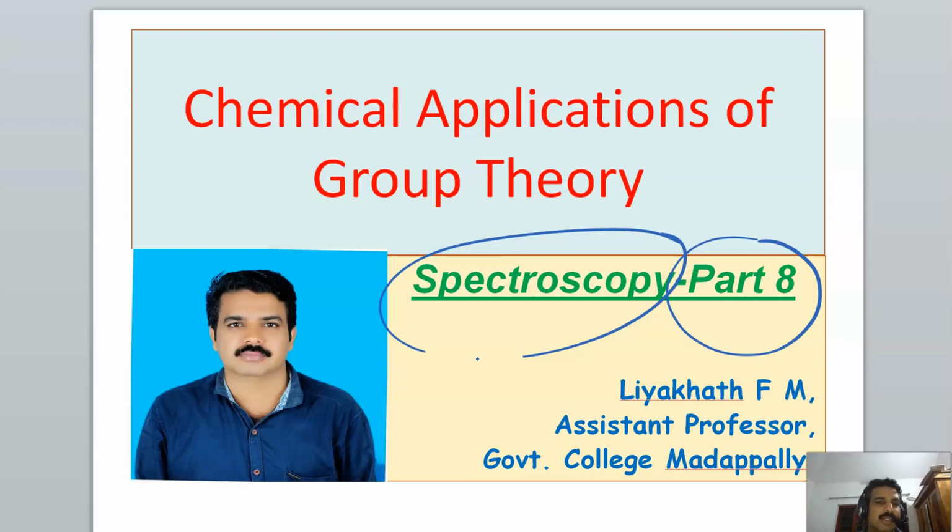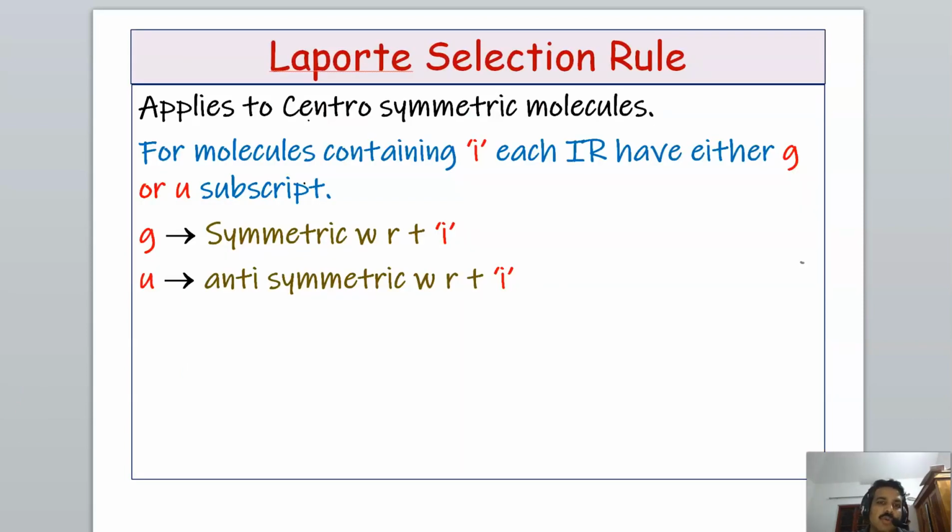That is, transition from singlet to singlet is allowed, triplet to triplet is allowed, but singlet to triplet is forbidden. That is, a change in spin is not allowed in electronic transition. And in this video, we are going to discuss the third selection rule, that is the Laporte selection rule.